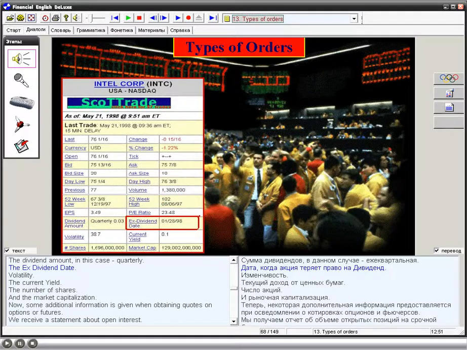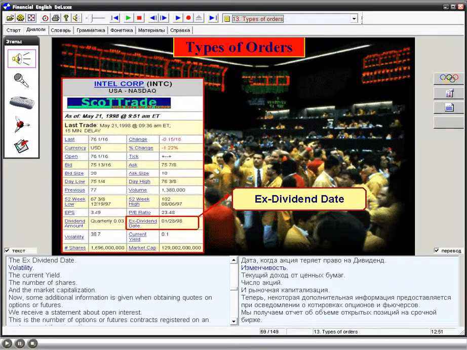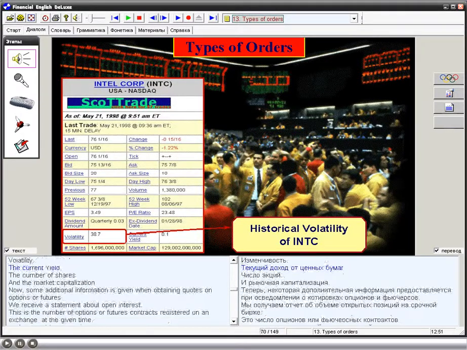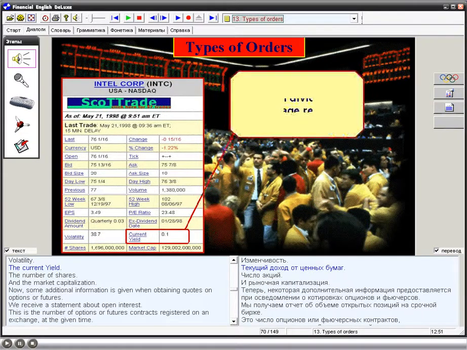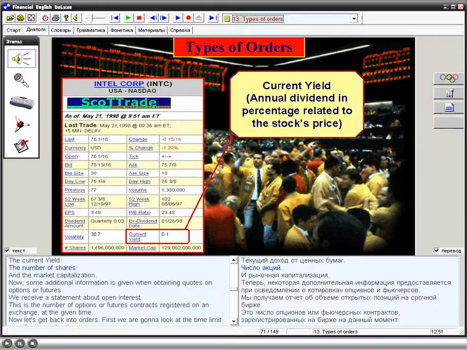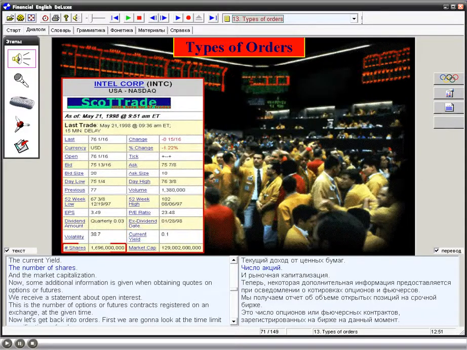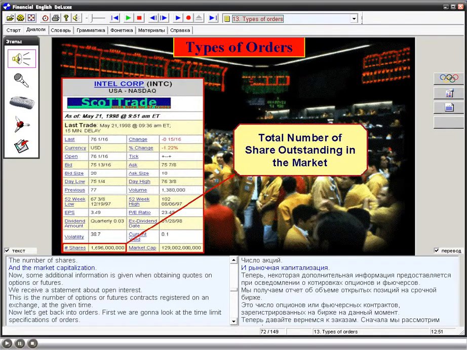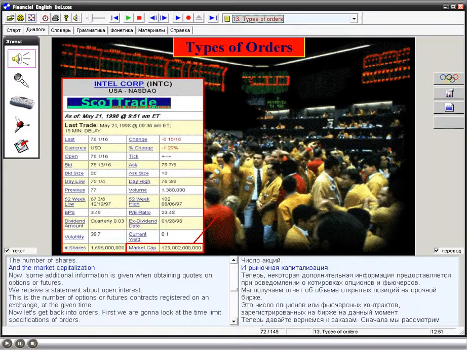The ex-dividend date. Volatility. The current yield. The number of shares. And the market capitalization.